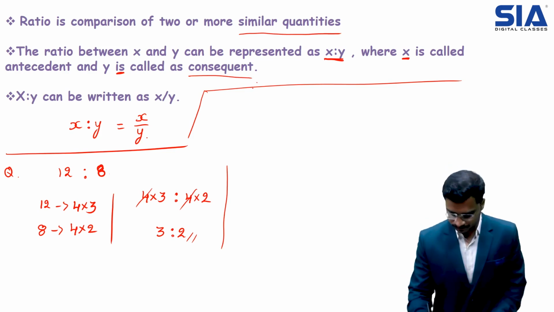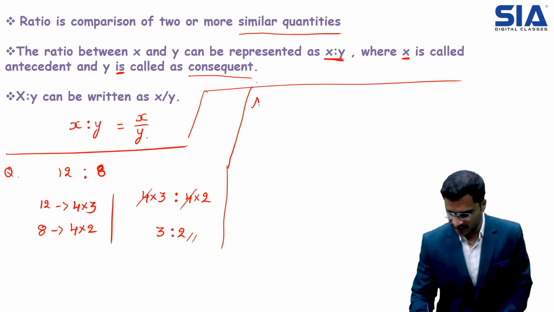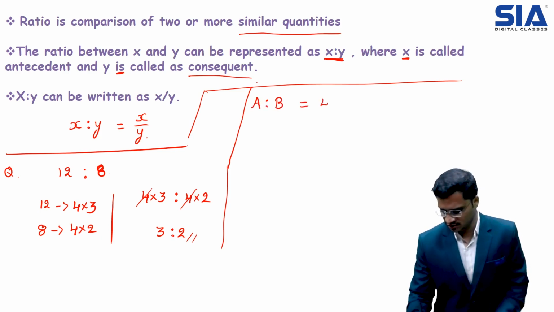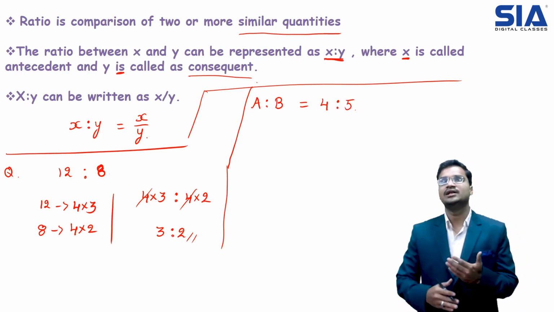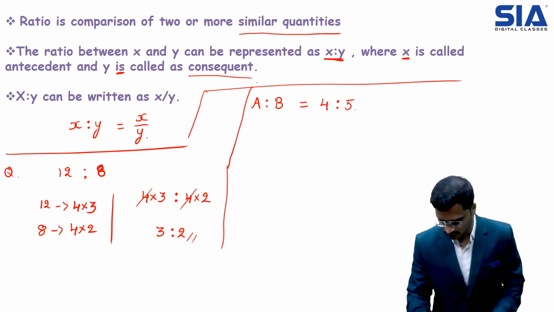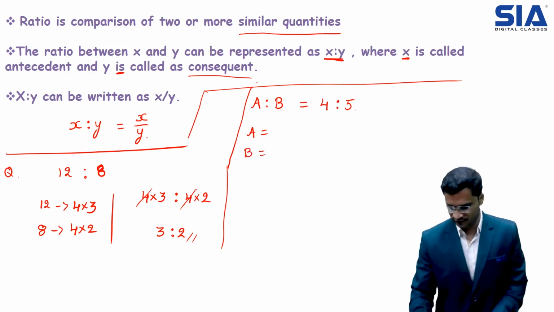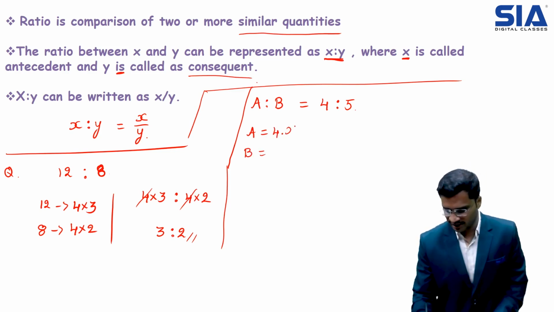Now, if in our question the ratio A ratio B is given as 4:5, then the actual values of A and B will be 4 multiplied by x and 5 multiplied by x.